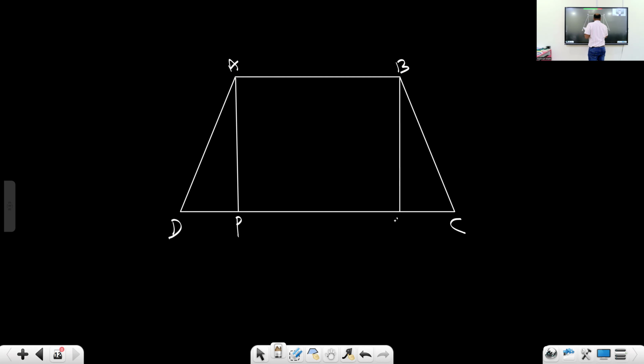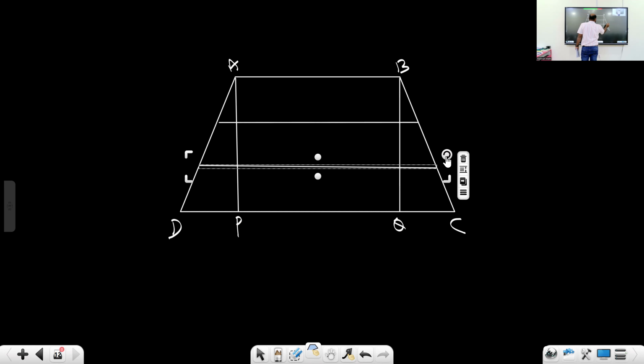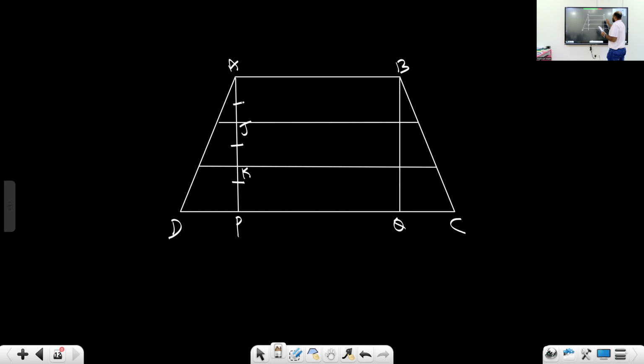P, Q. AJ, JK, KP are equal. J, K. This equal to this equal to this. All the three pieces are equal. Of course, this also will be equal.